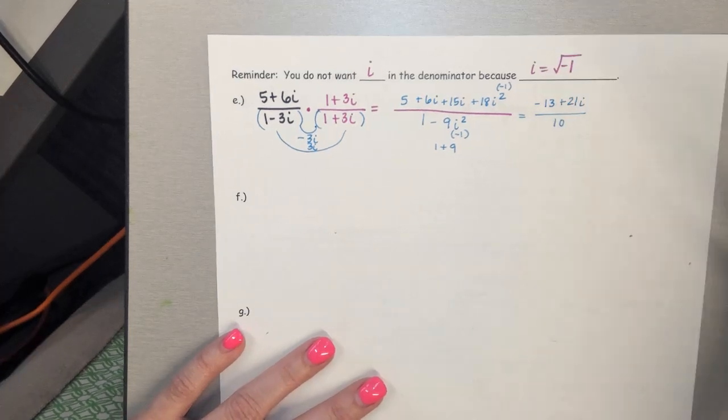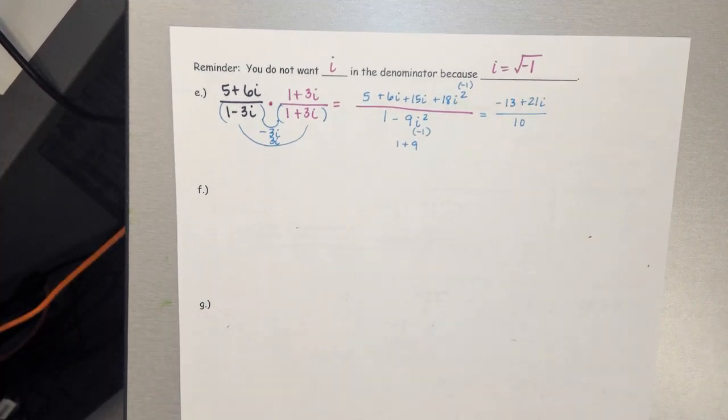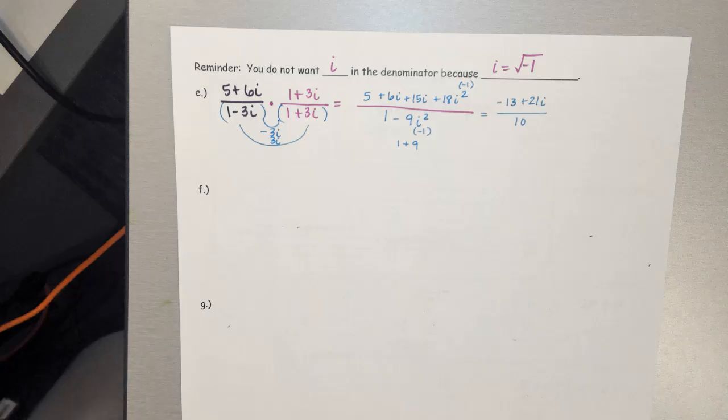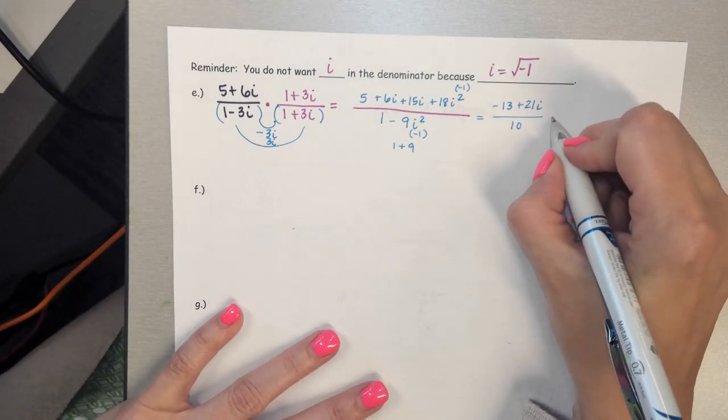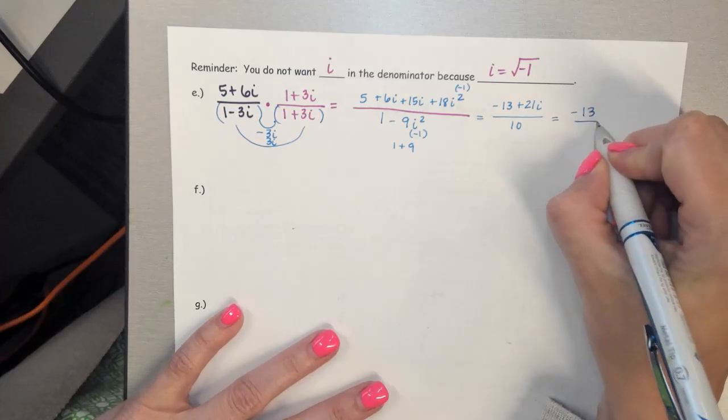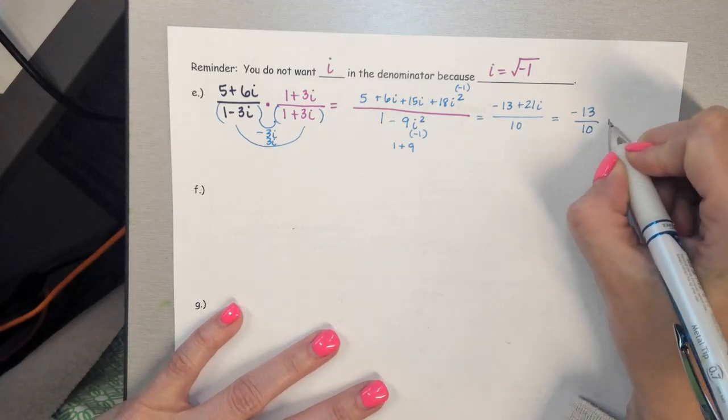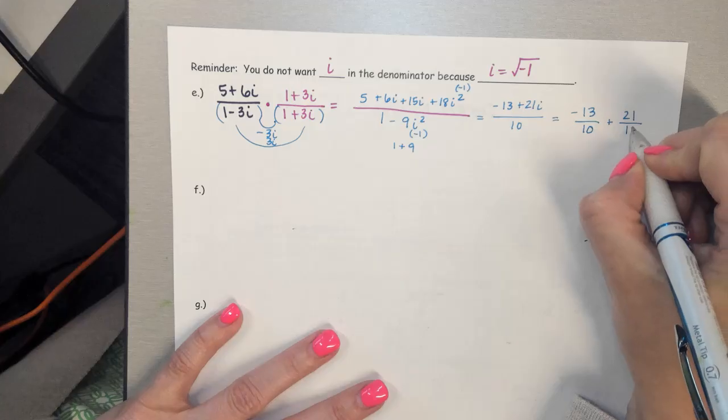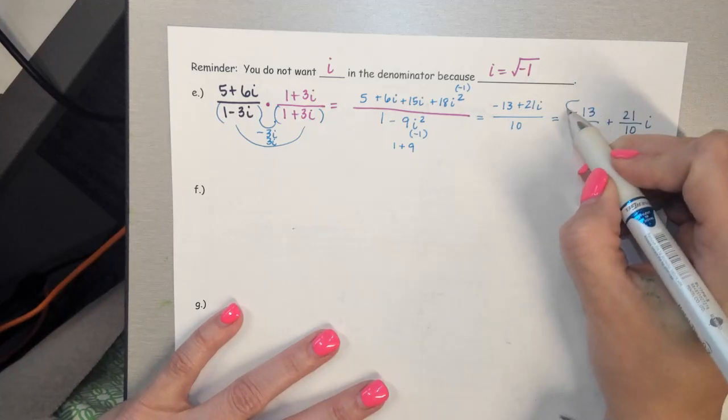And then whenever you're doing these, remember the directions for this section. Say you have to write it in that a plus bi form. So our last step is just to separate so we can see the b value and the a value.